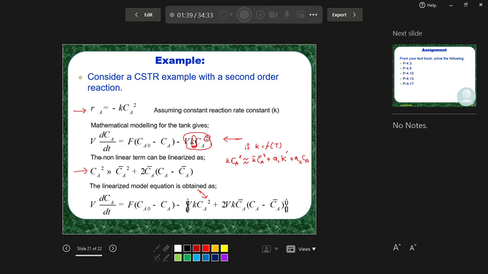And then now we have the linear form that we can substitute here.